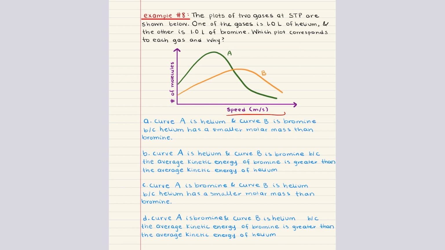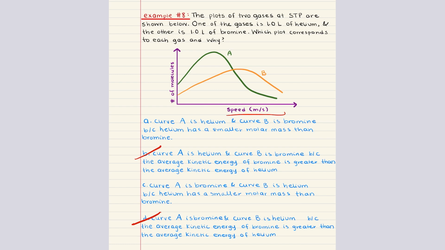Point 1. The average kinetic energy of gas molecules is directly proportional to the temperature. And since the temperature is the same for both gases, their average kinetic energy is the same. This allows us to eliminate answer choices B and D. Now, the second point is that for gases with the same average kinetic energy, the lighter gas will move faster than the heavier gas.